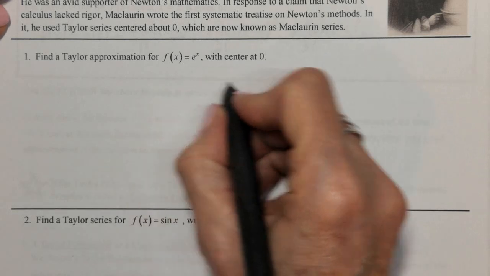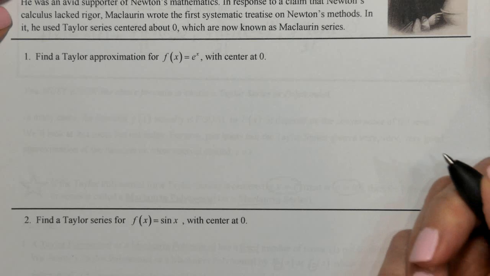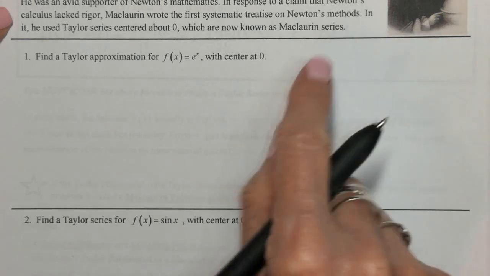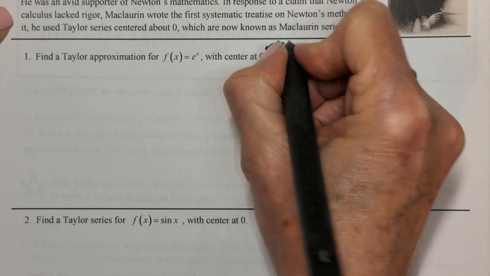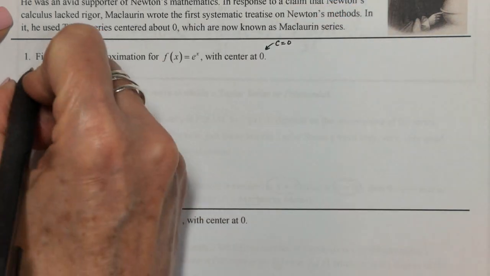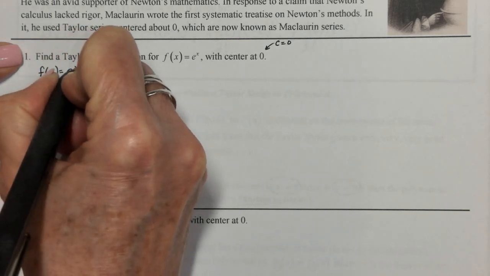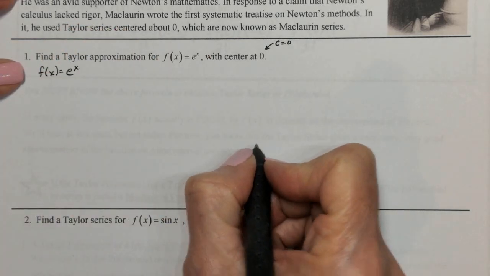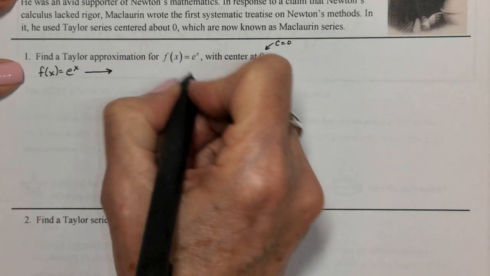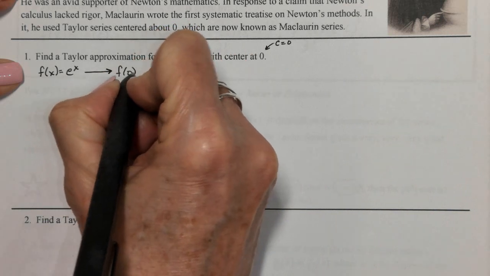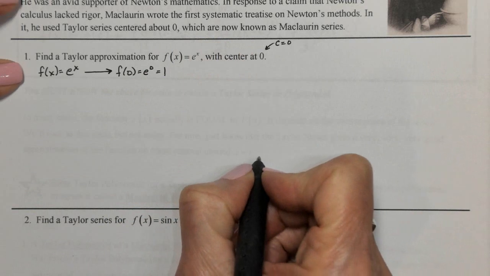So I know the form. The very first term is just f at our center. So this tells me that our center is 0. C is 0. The very first thing I'm going to do is write down what f of x is. F of x is e to the x. And right next door, I'm going to find f at 0. So f at 0 is e to the 0, which is just 1.